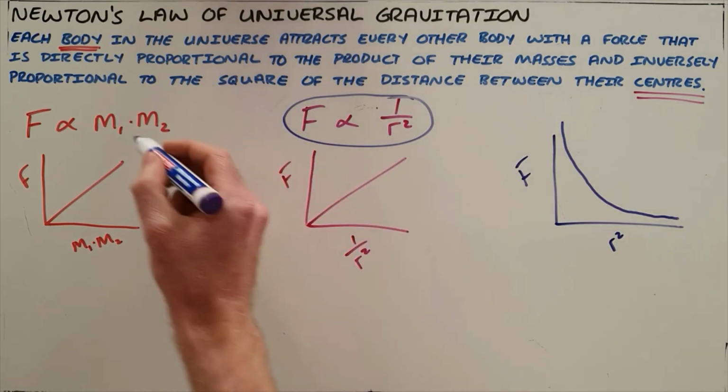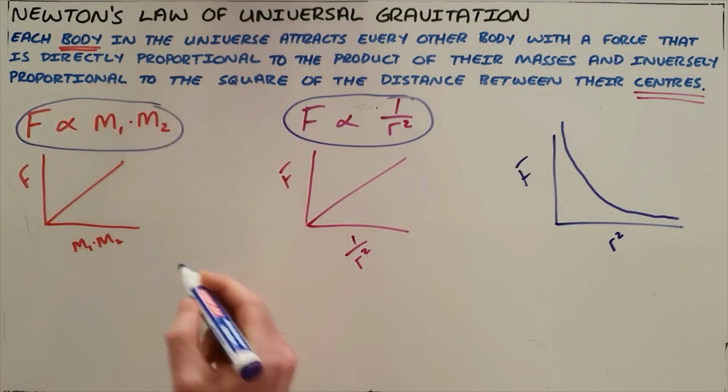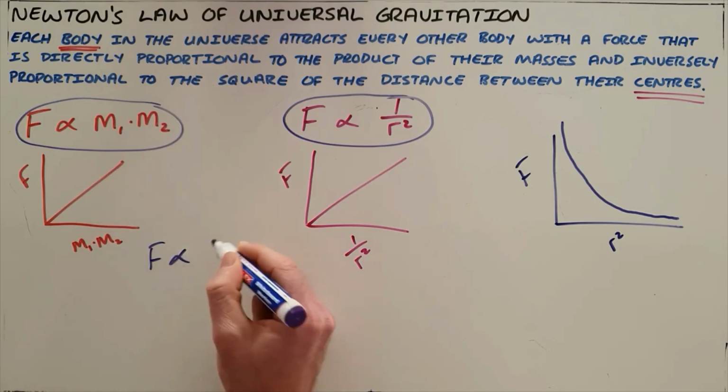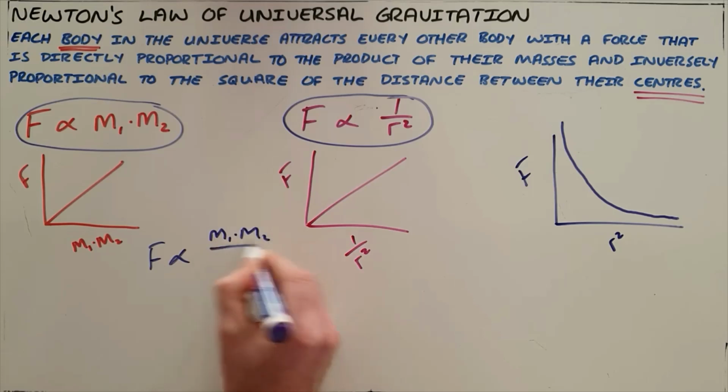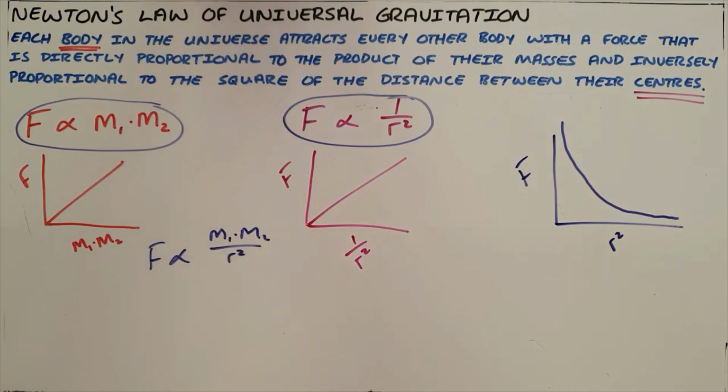So by combining these two relationships, we can find that the force is directly proportional to the product of the masses of the objects over the distance between their centers squared.